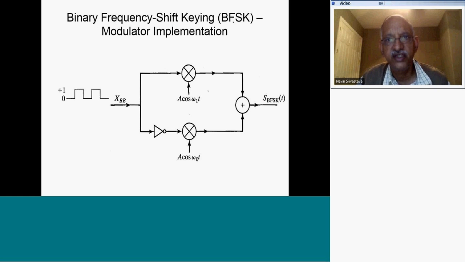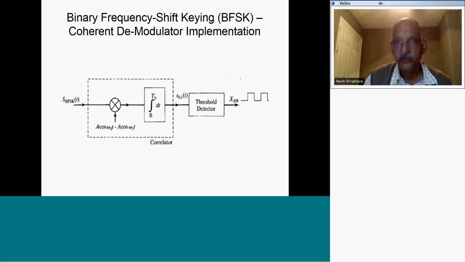There is one frequency for say the 1 and another frequency for 0, and then when it is received, through this correlator, the threshold detector detects your original signal which was sent.